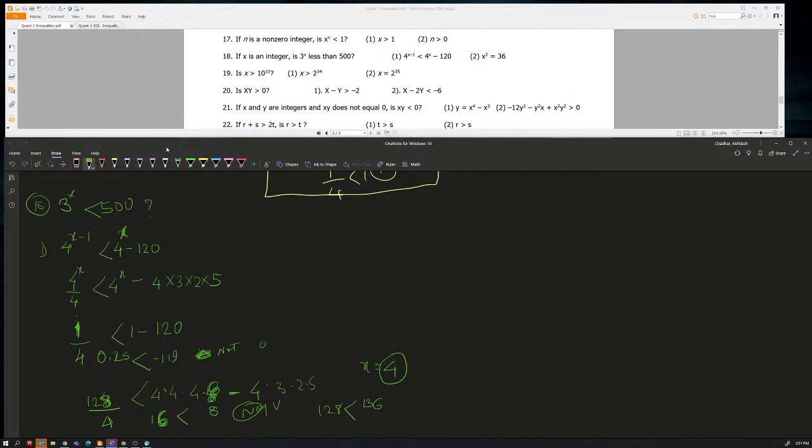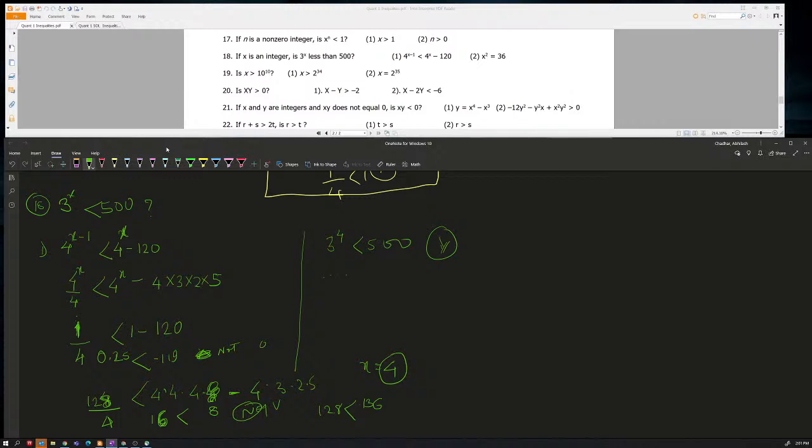X power 4. So for 4, let's do one thing. 3 power 4 is less than, we get a yes answer. Okay, yeah, because 3 power 4 will be 3 3s are 9, 3 are 27, 3 are 81, which is less. Now let's take where we get a no answer.